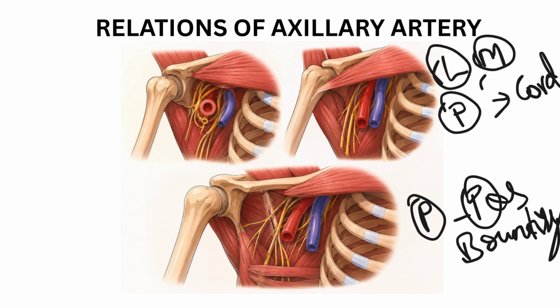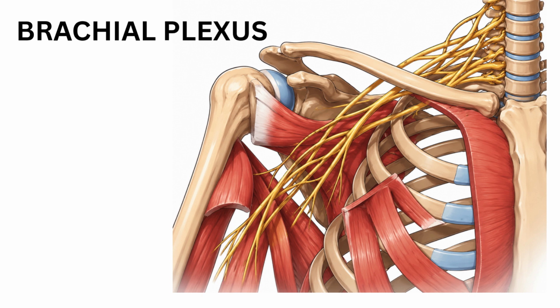For the third part, you have a lot of nerves, which are the radial nerve and axillary nerve, and do you remember the posterior boundaries? The posterior boundary muscles represent the posterior relation of the third part, which are subscapularis, teres major and latissimus dorsi. Here you try to note one important point.